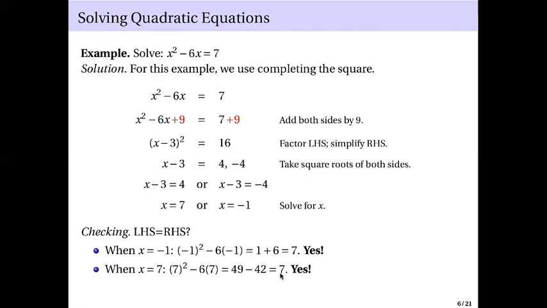Now, some students will do this. Okay, some students will do this. Oh, I have x squared minus 6x on the left-hand side. I can factor out x so that I will have x times x minus 6 equals 7.